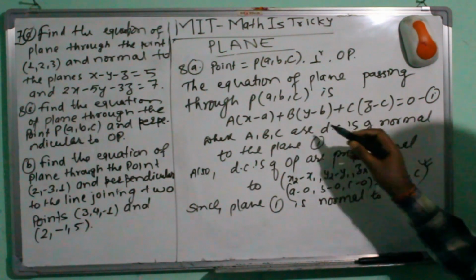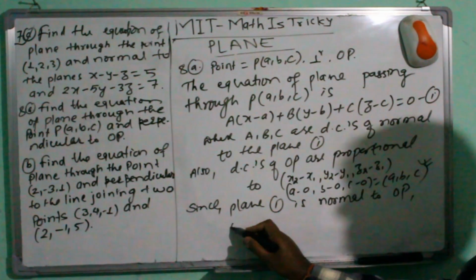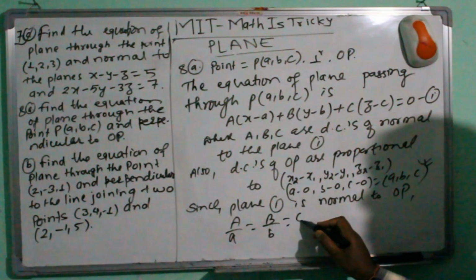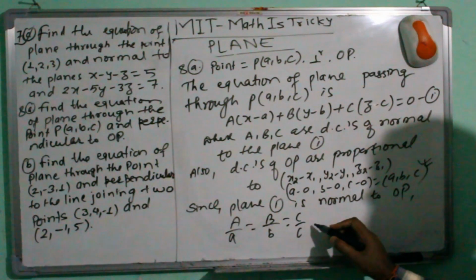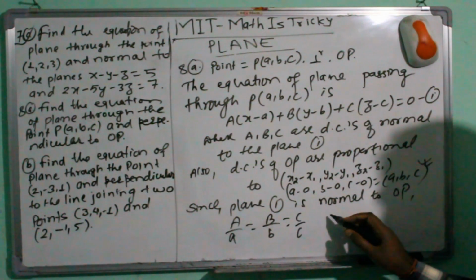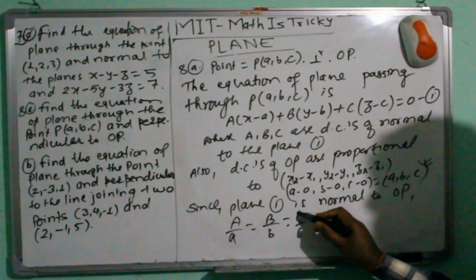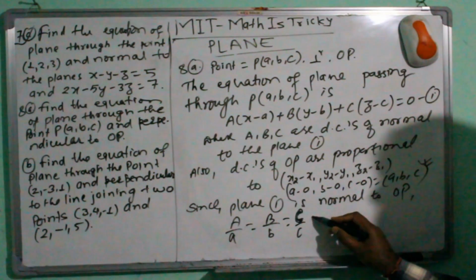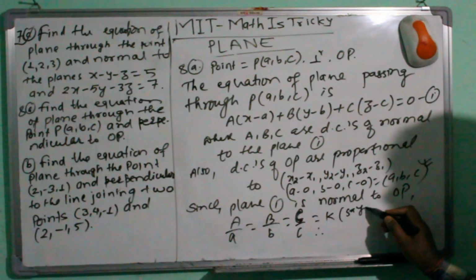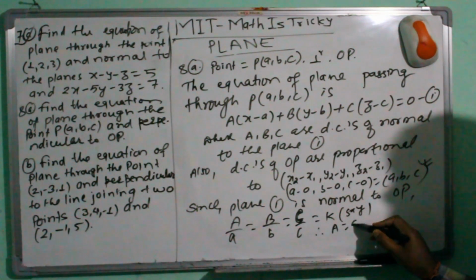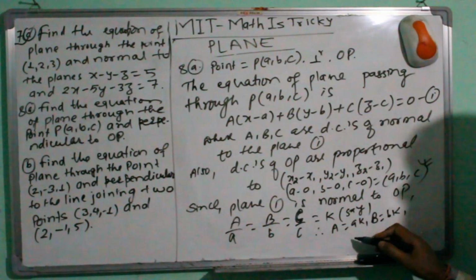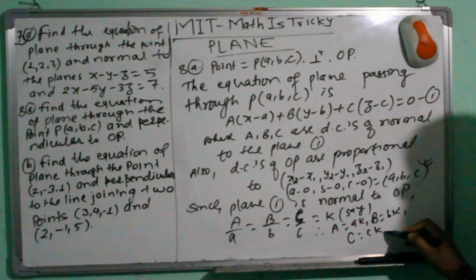This one and this ABC must be proportional. That means a by A equals b by B equals c by C, say this big C, equals K. Then we can write a equals AK, b equals BK, and c equals CK.